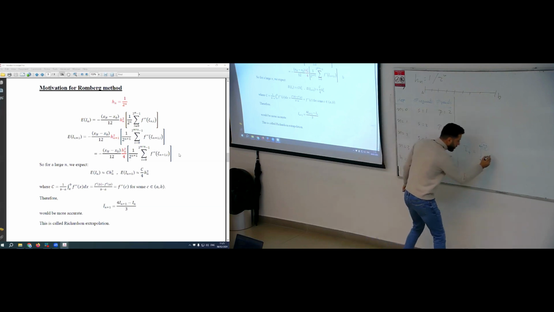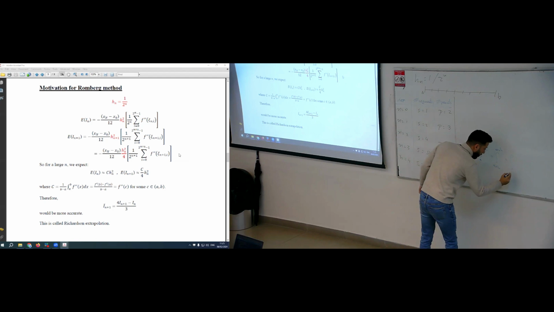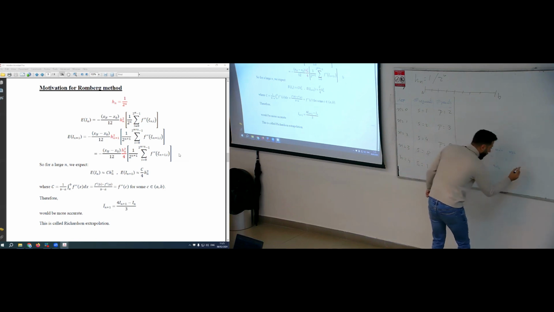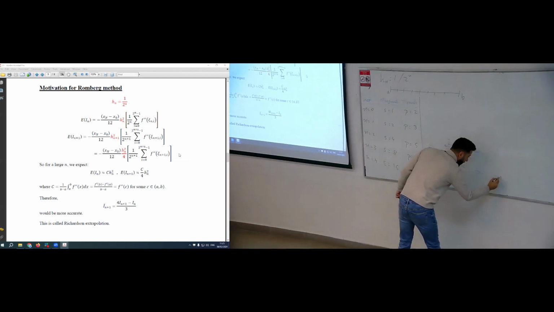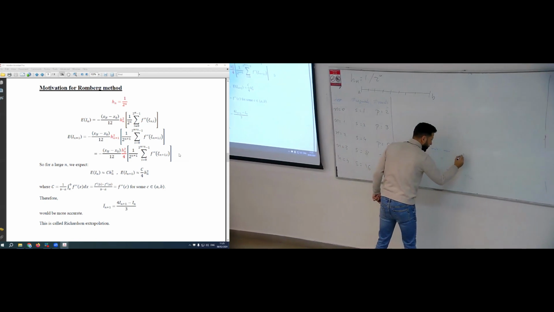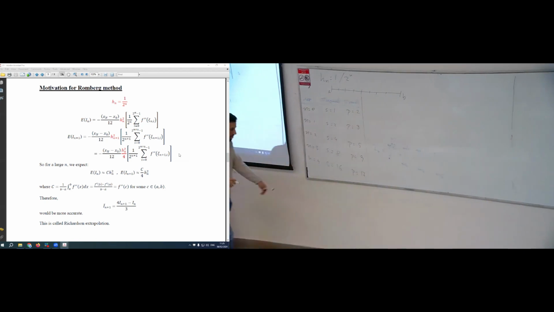Plus the integral from a plus h to a plus 2h, plus the integral from a plus 2h to a plus 3h, plus the integral from a plus 3h to b, which is a plus 4h.